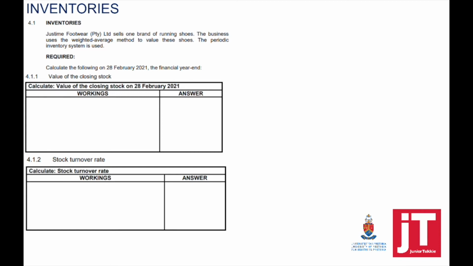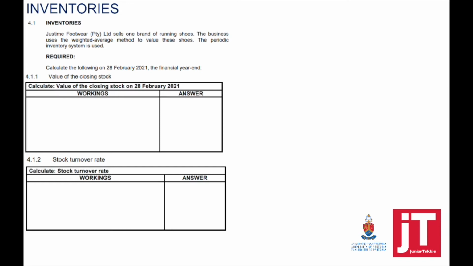There are different ways in which we can evaluate our stock within a periodic inventory system, and another type of system that we use is the perpetual or the continuous inventory system. So we can evaluate our stock using either weighted average, specific identification, or FIFO.